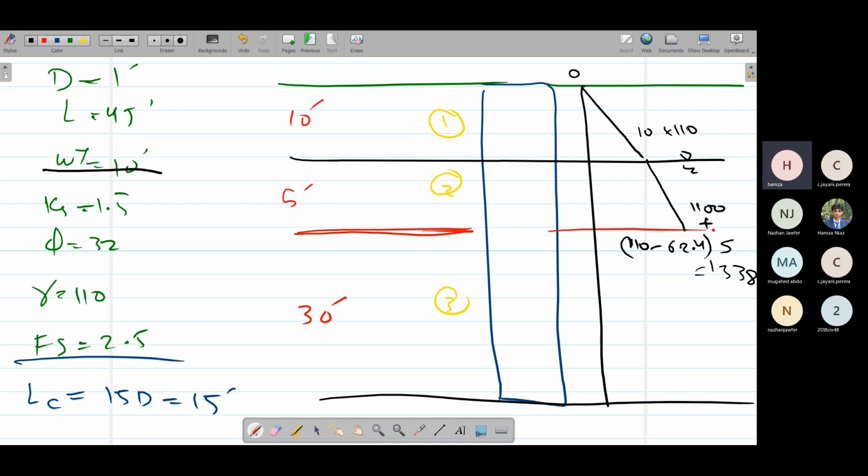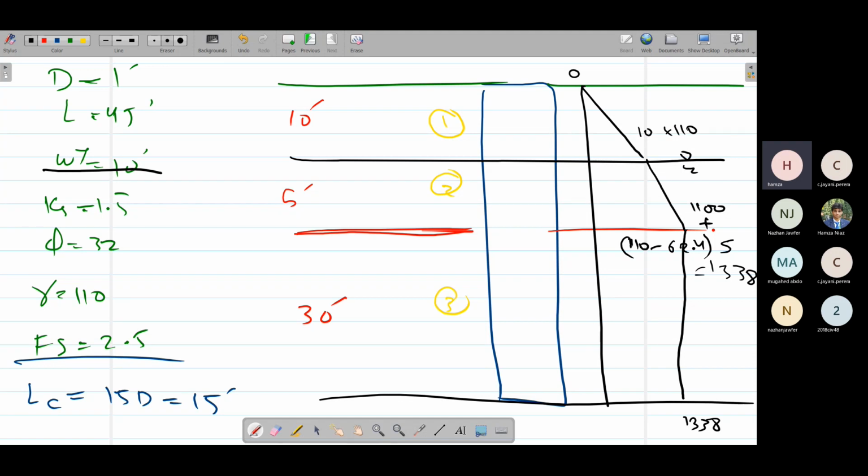After the critical depth, our stress would remain constant, so at this step it would also be 1338. This way, we have to draw the overburden stress profile. At the top, it is simply gamma times depth, 10 feet.